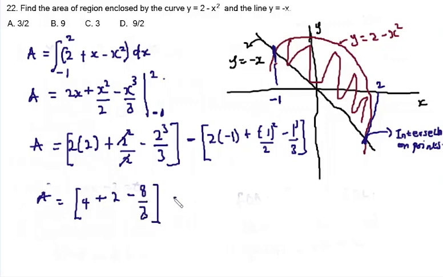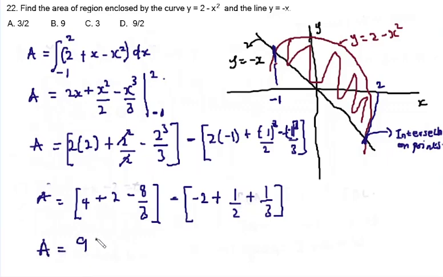Okay, so this is minus, open bracket, 2 times minus 1 is minus 2, so plus minus 1 square here is 1 over 2, so this is minus 1 cube, minus, open bracket, minus 1 cube is then plus 1 over 3. Okay, so if you add up everything here, use your calculator, your area should be equal to 9 over 2. Okay, so our answer is D.